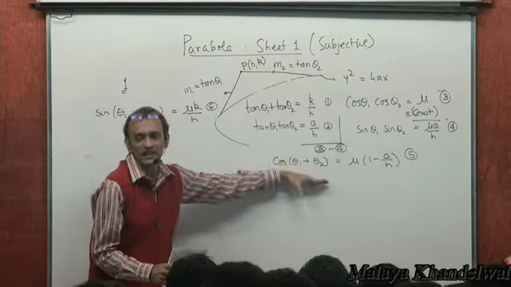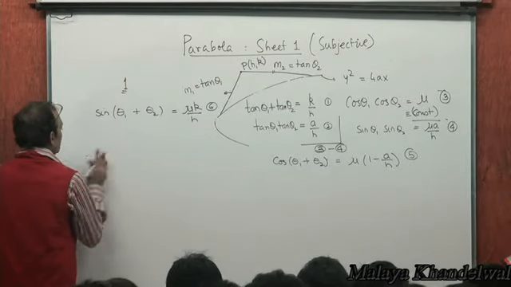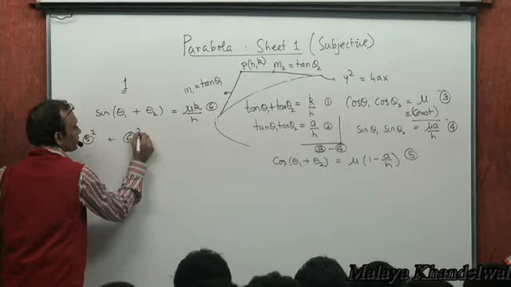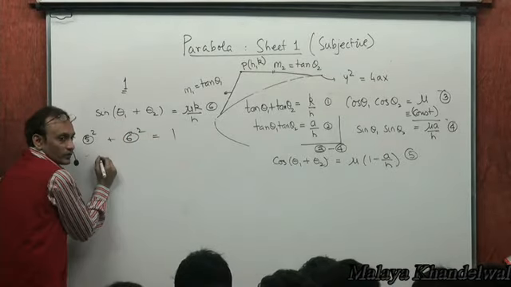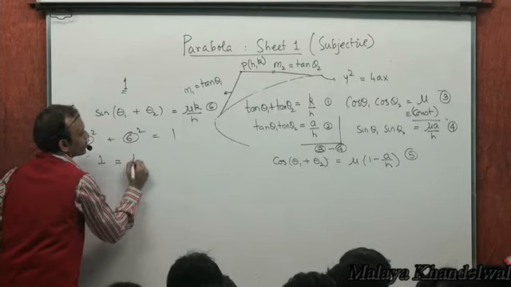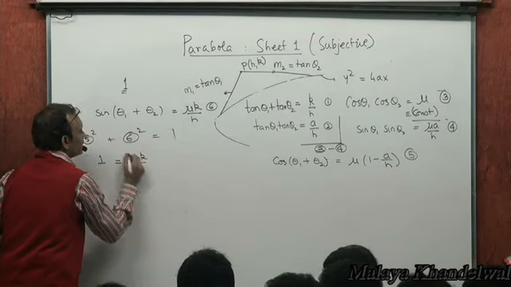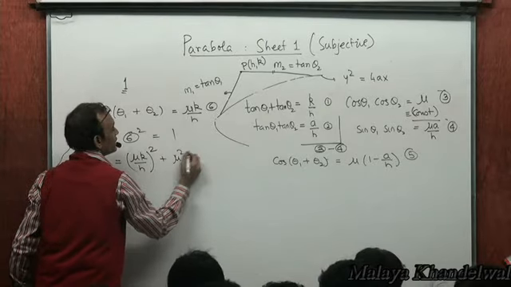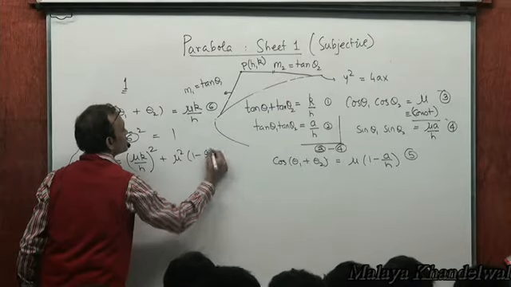Square and add 5 and 6. If you square and add 5 and 6, 5 squared plus 6 squared equals 1. So 1 equals mu k by h whole squared plus mu squared into 1 minus a by h whole squared.